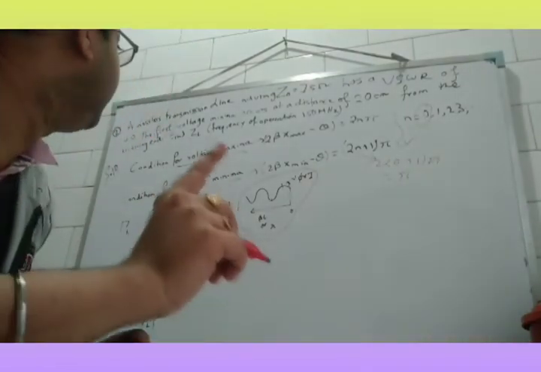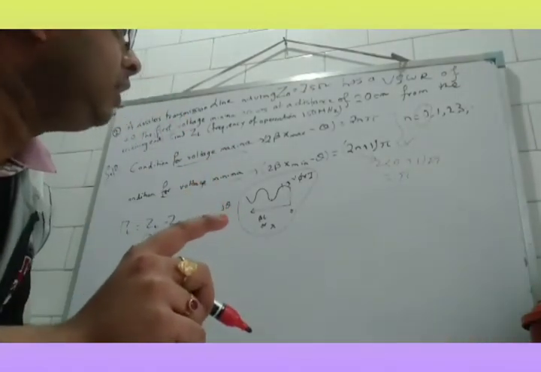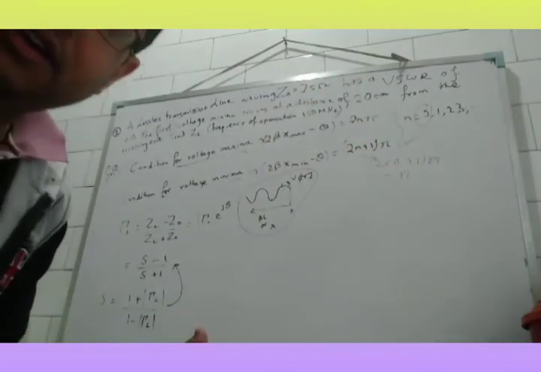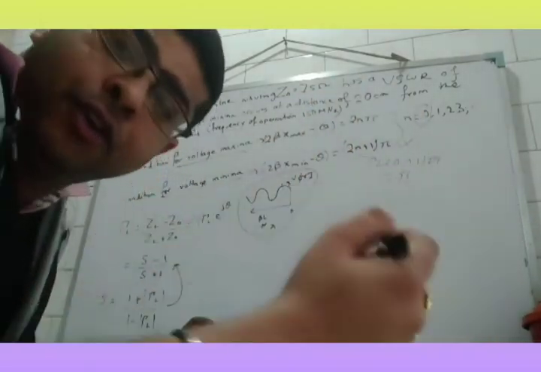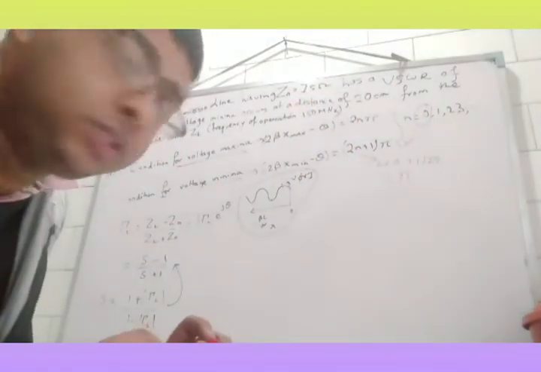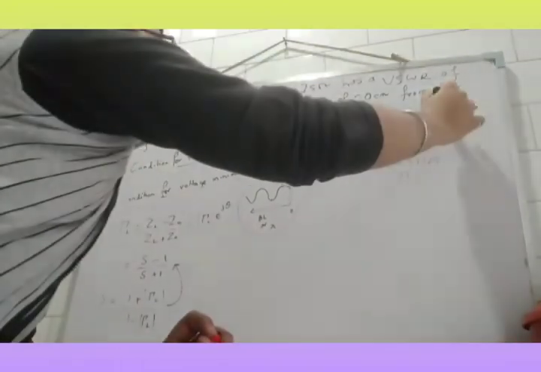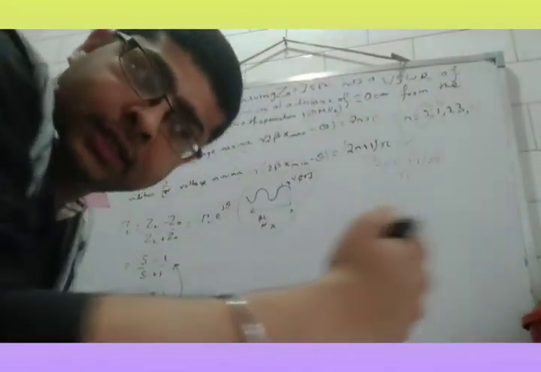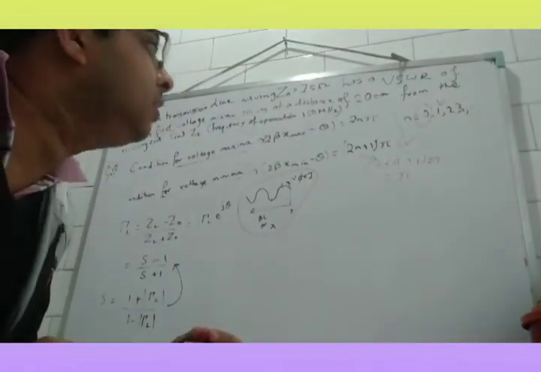For the first voltage minima we put the first value of n. If they ask for the second voltage minima, then n should be 1, the second value of n.